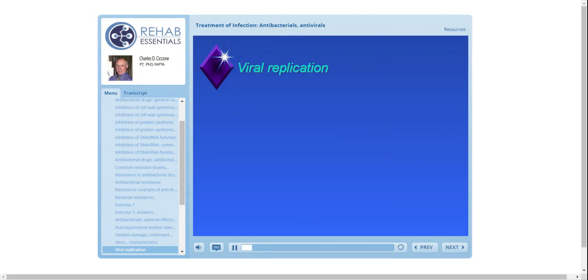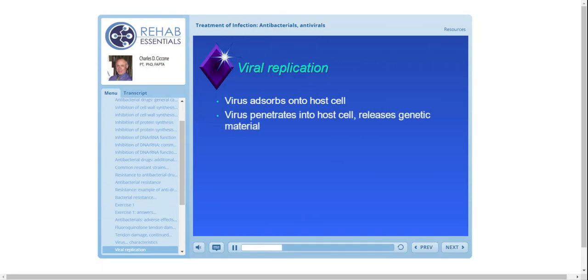So in terms of viral replication, a virus will again find an appropriate host cell and stick onto or adsorb onto the surface of the cell. It will penetrate into the cell, release its genetic material, and then use that genetic material, whether it's DNA or RNA, to, as I said, take over and use that cell to make new viral components.